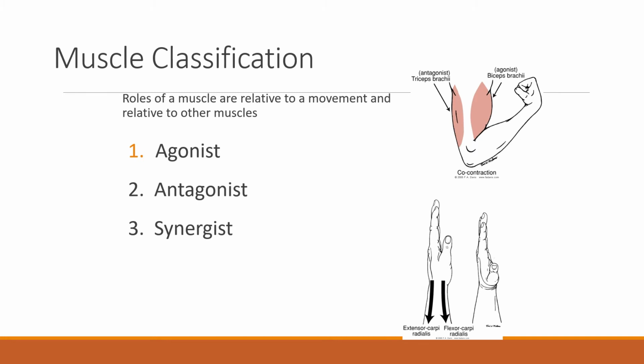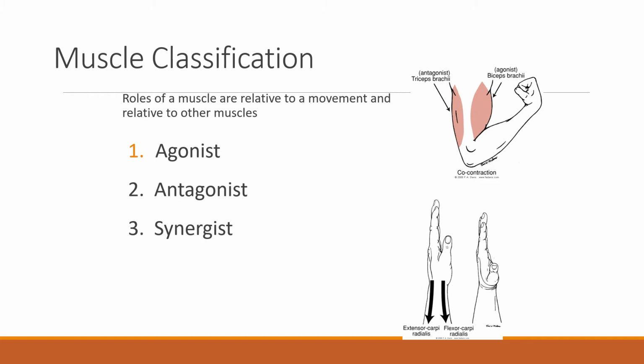In order to make a strong fist, and go ahead and try it now as we're thinking about it. Make a strong fist, and you're going to see that your wrist extends somewhat. And the reason it does that is to maintain a decent length tension relationship of the long finger flexors.